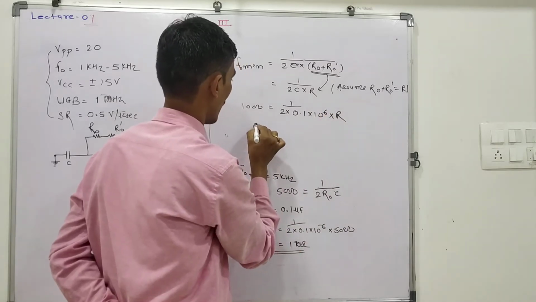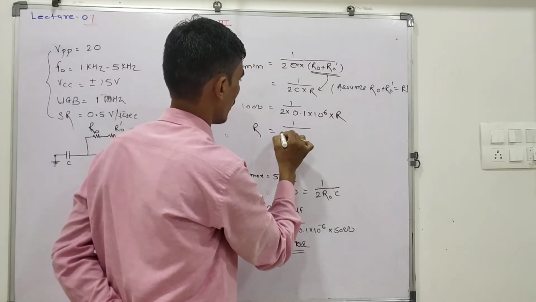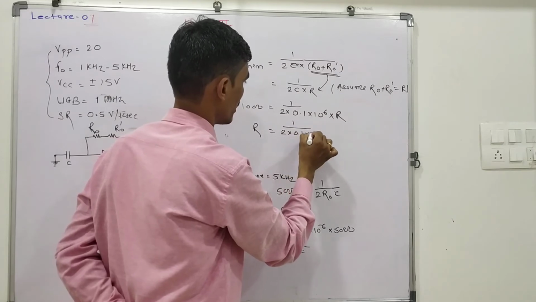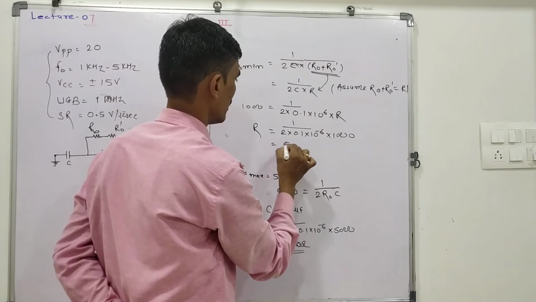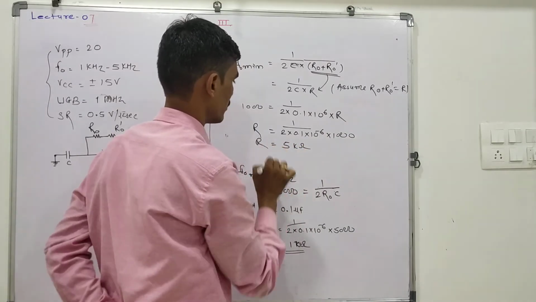So R is 1 upon 2 into 0.1 into 10 raised to power minus 6 into 1000, which is 5 kilo ohm.